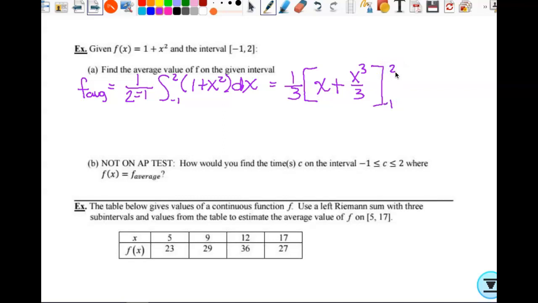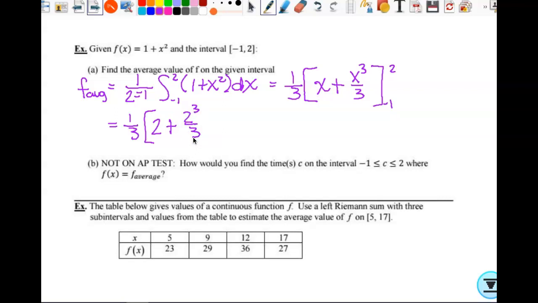Everybody with me? Well, I'm not finished. This is not a safe stop. You have to at least substitute it in. So then we get 1/3 times, all right, what do I do first, the 2 or the -1? The 2. So I get 2 plus 2 cubed over 3.